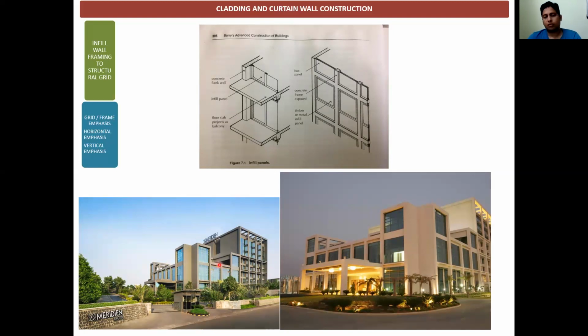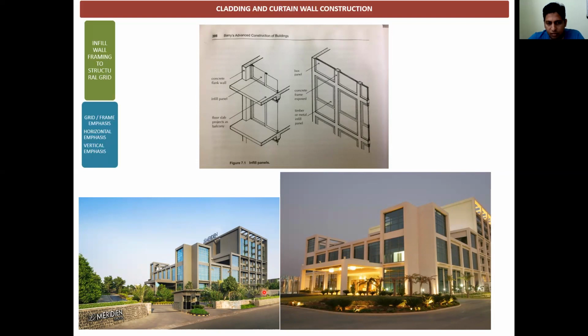If beams are not considered in this kind of installation, as you see in this part of the building, where only vertical supports are there, then no horizontal support is a part of this system. No horizontal support has an active part in the installation of this structural cladding. That is called vertical emphasis.